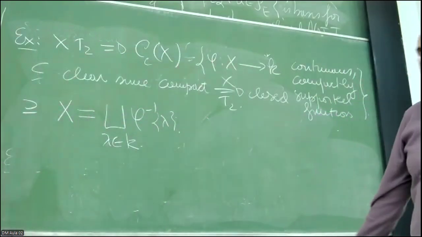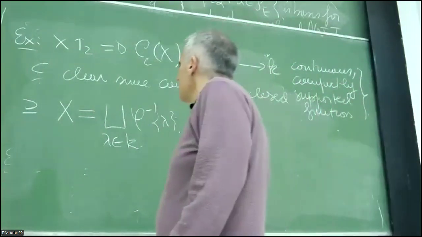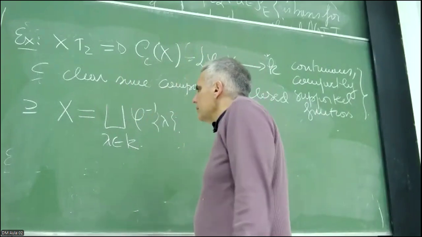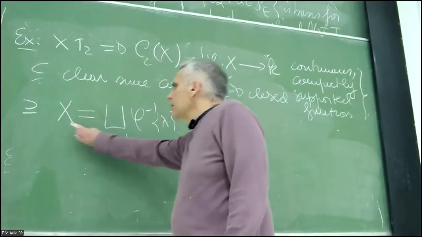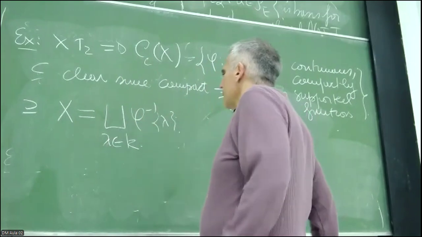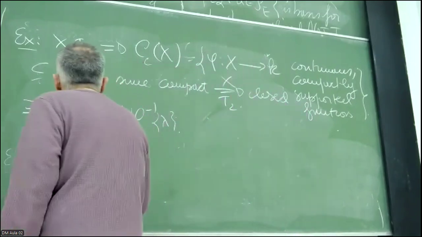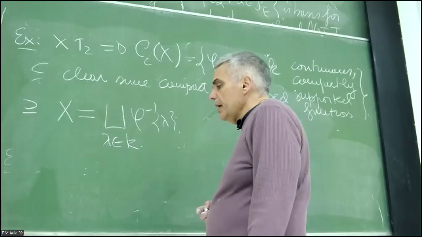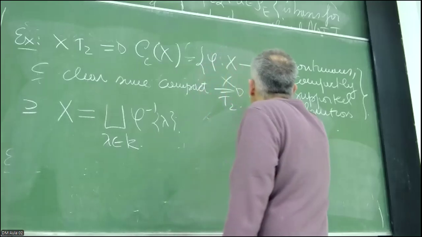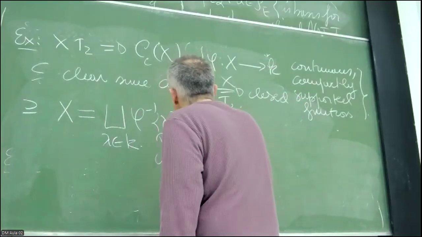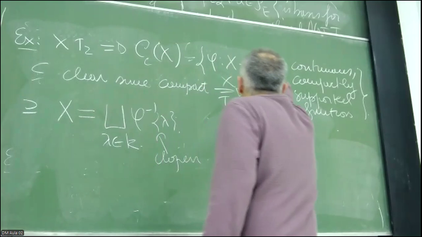So this simply says that phi takes some values, right? So any x is assigned some value by phi. Now, since phi is continuous and K is discrete, each of these is clopen, because the lambdas are clopen.